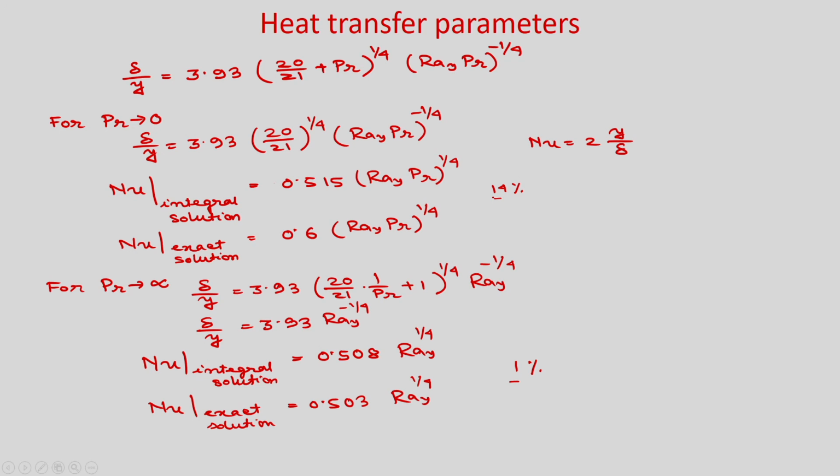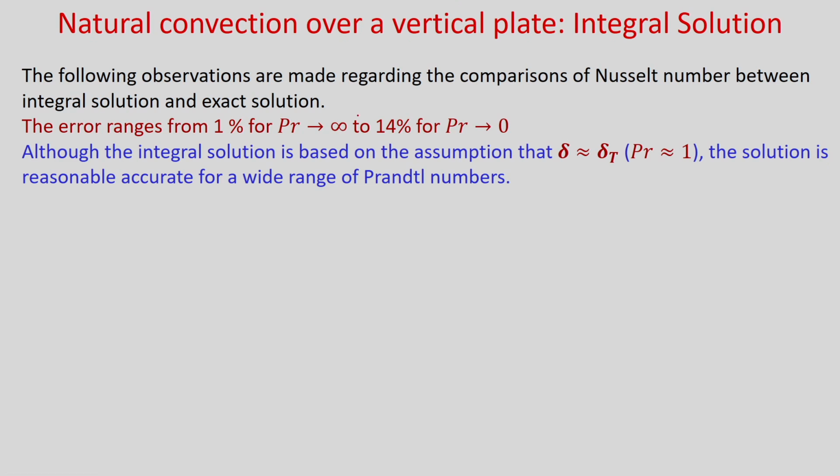Although we have assumed that delta is of the order of delta t, still this gives a reasonably good solution for different Prandtl numbers. So, the error ranges from 1% for Prandtl number tends to infinity to 14% for Prandtl number tends to 0, and although the integral solution is based on the assumption that delta is equal to delta t, the solution is reasonably accurate for a wide range of Prandtl numbers.